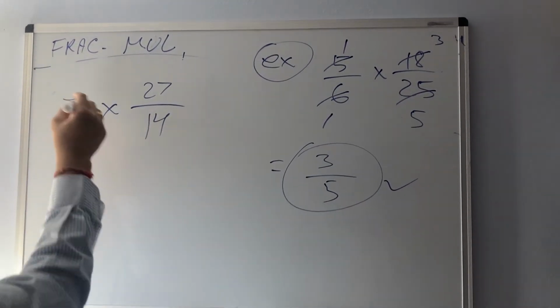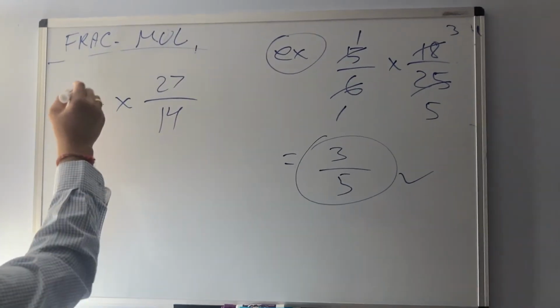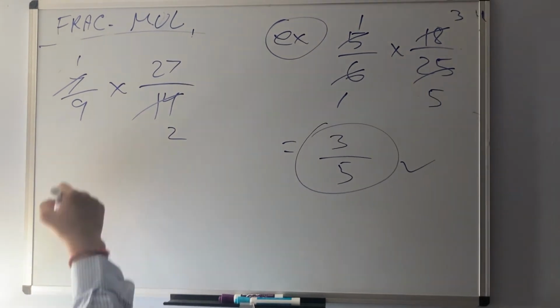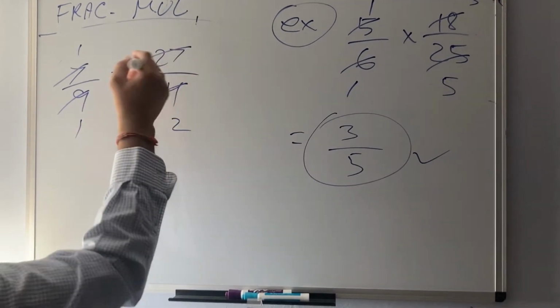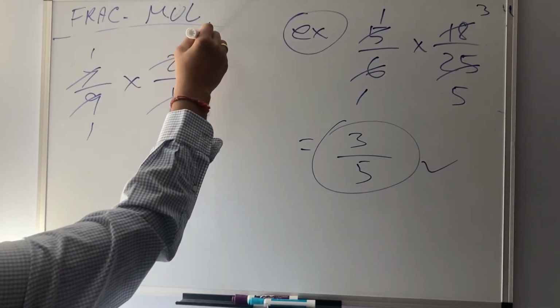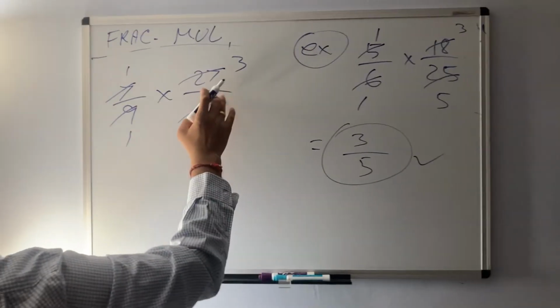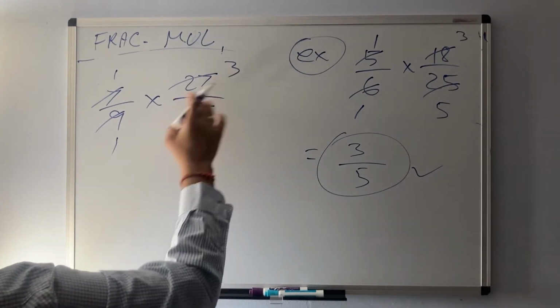So in this case, can I cross divide? Yes, of course. 7 goes to 7 one time, 7 goes to 14 2 times, 9 goes to 9 one time, 9 goes to 27, 3 times.